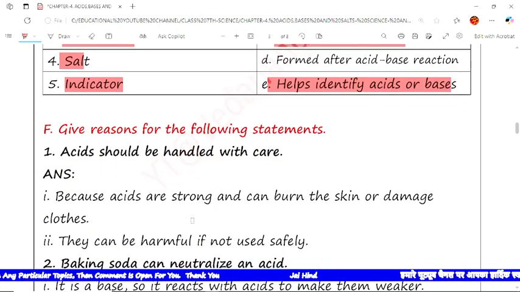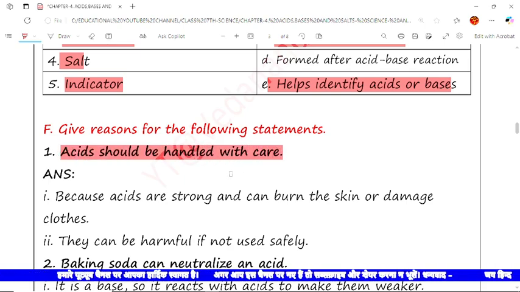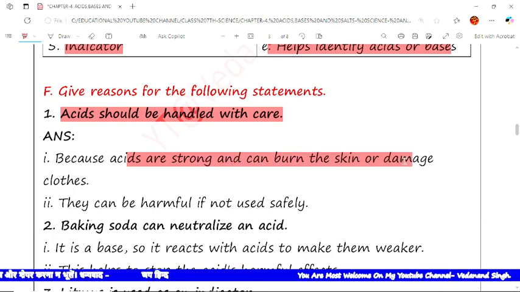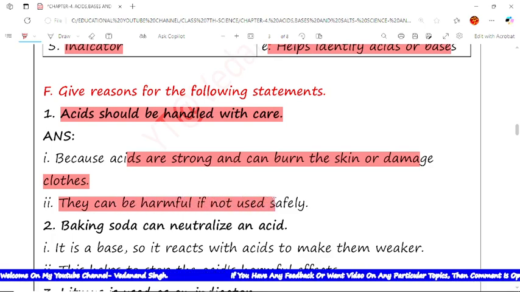Now some statements are given here and we have to give the reason. The first statement is: acid should be handled with care. Why? Because acids are strong and can burn the skin or damage clothes. It means it can burn our hand or damage our clothes. The second point is they can be harmful if not used safely.